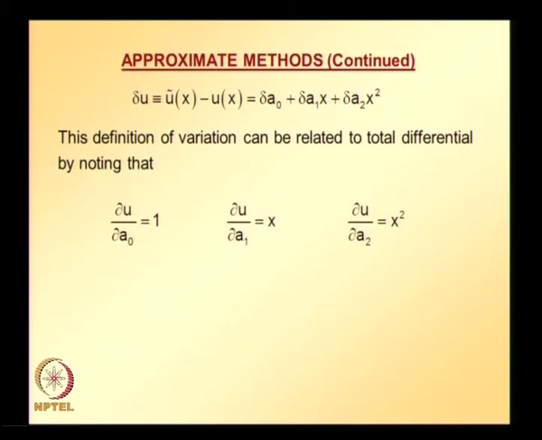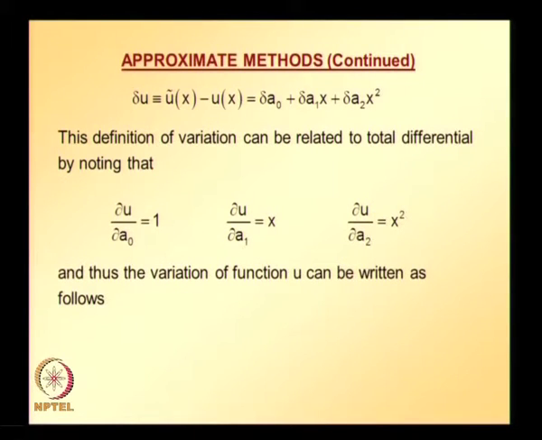The coefficient of delta A2 is x square, so replace x square with the partial derivative of u with respect to A2. Doing that, the variation of function u can be written like this. So, this is how variation can be related to the total differential.